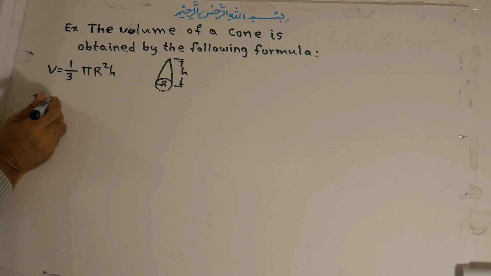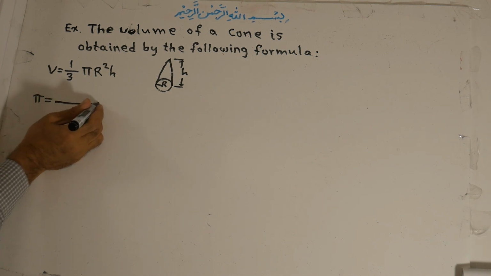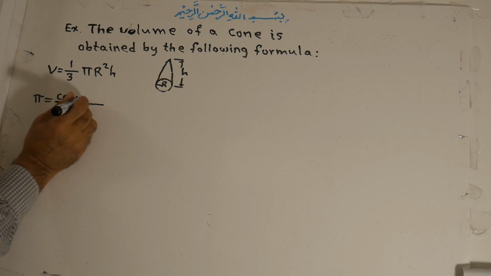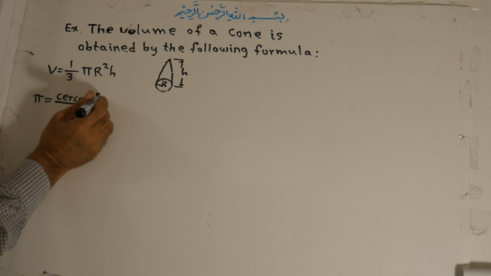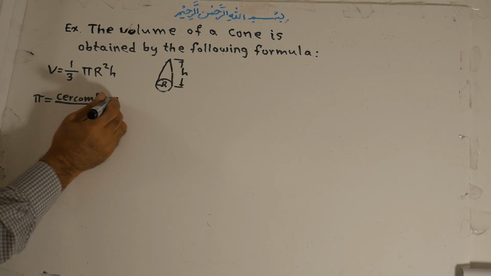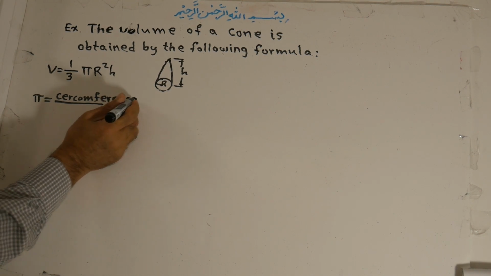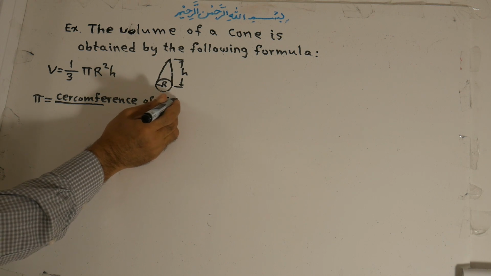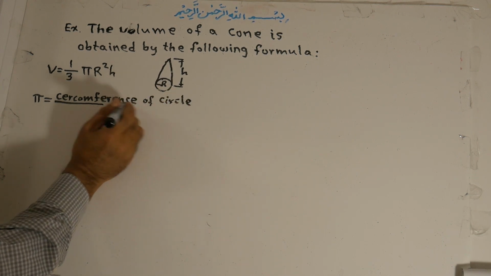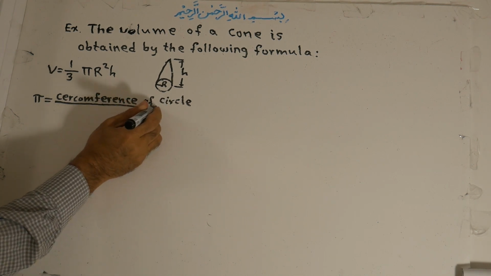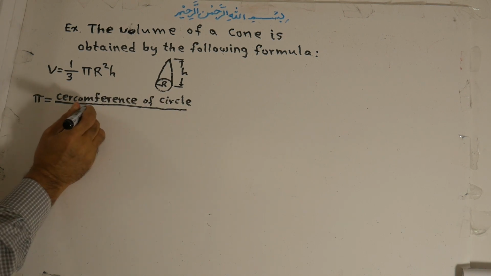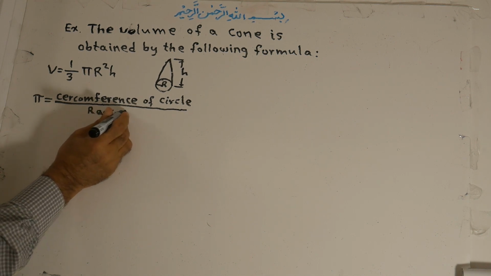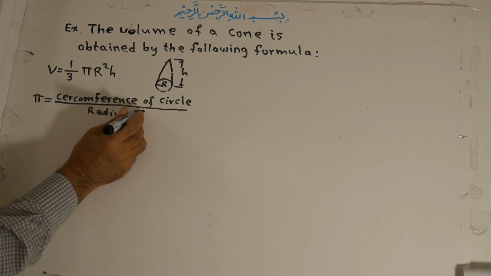Pi is a Greek letter that is equal to the ratio between the circumference of a circle over the radius of the circle.